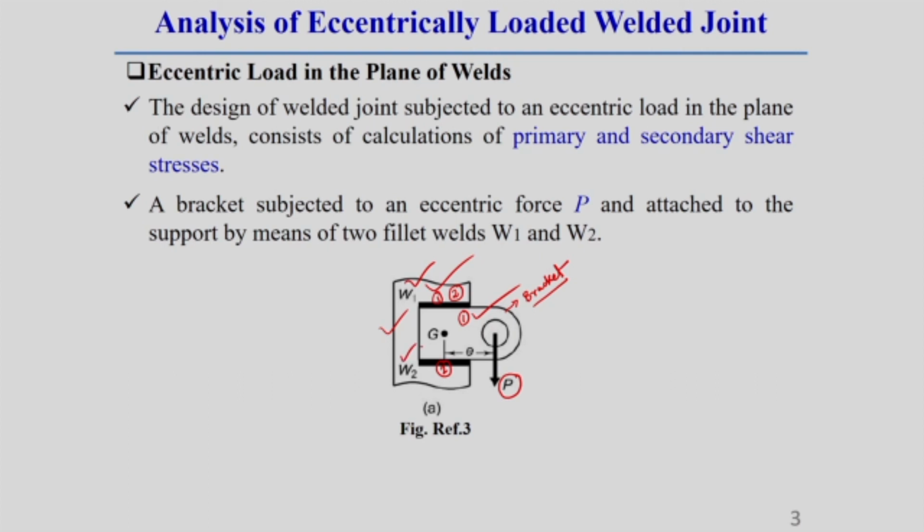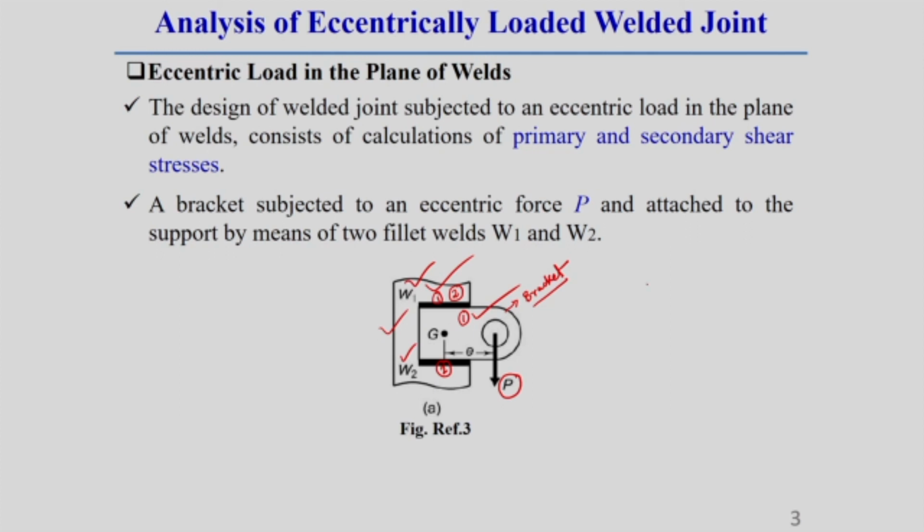So, here we have to design what should be the dimension of these welds. Always keep in mind, to design a weld joint, first of all we should know the dimension of that weld. What do we mean by dimension of weld?